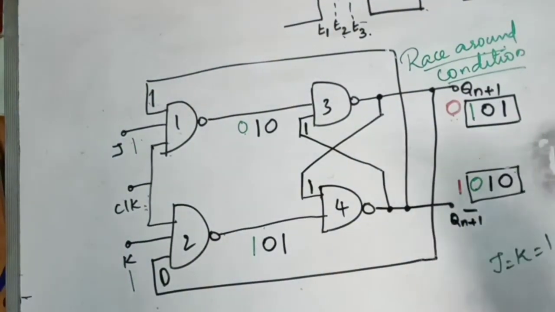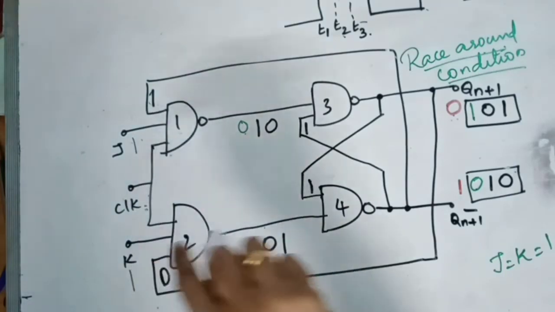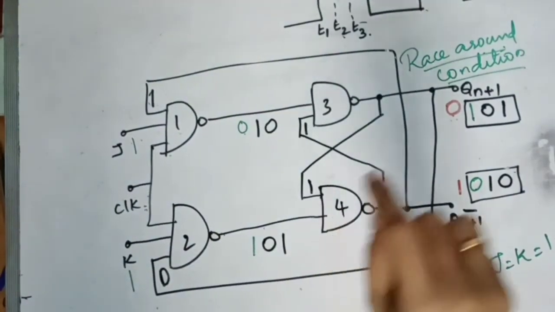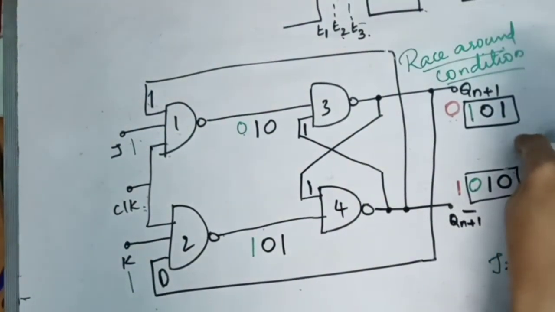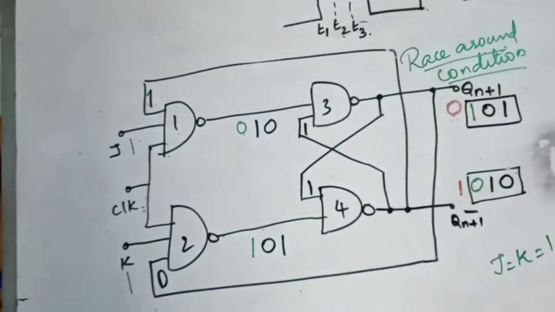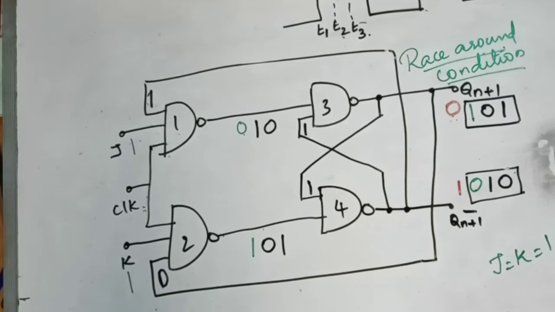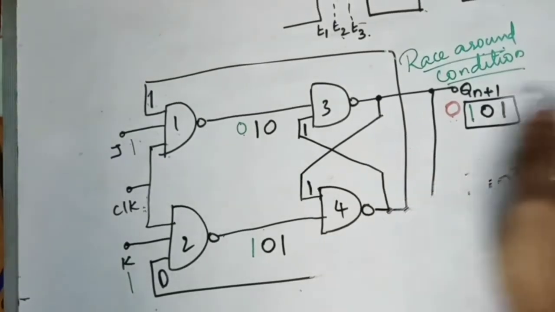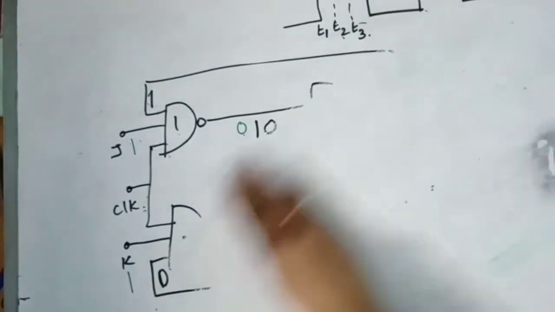So the main issue here is that when I apply J equal to 1, K equal to 1, after we get the correct output, the clock is not changing. So you can say that the clock should change after I get the output.